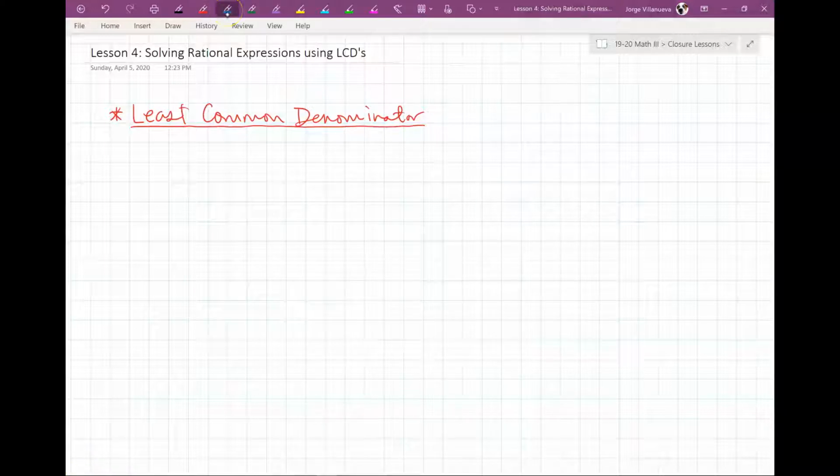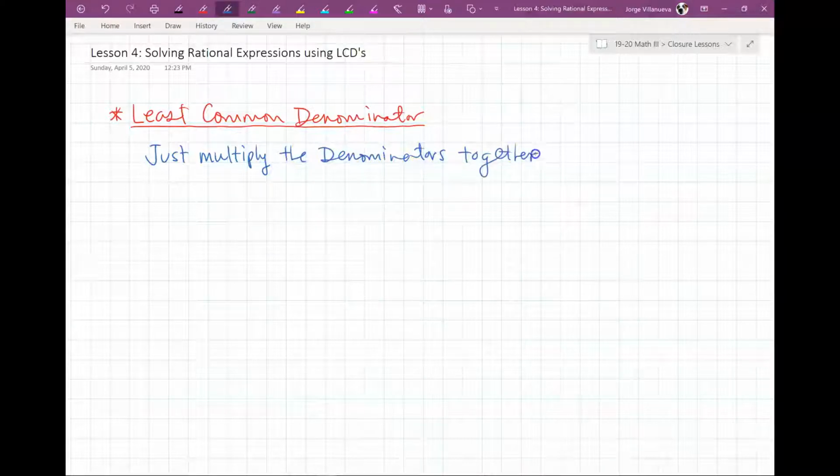So let me write that down for you guys here. Just multiply the denominators together. Now, I don't mean completely, just leave them in the form that you see them, okay? Don't FOIL them out, just leave them alone, but you're going to see how I do it.